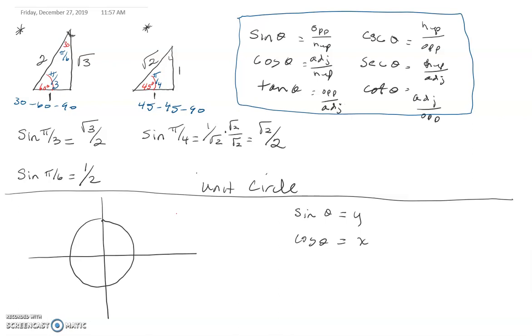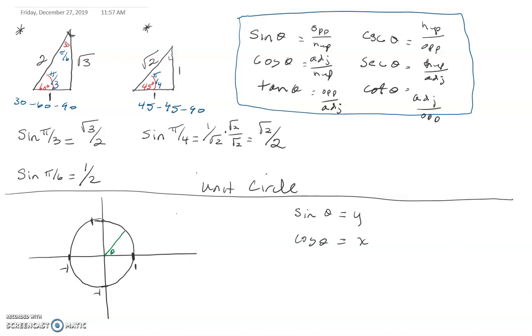On a unit circle, what's so special about it is the radius is always 1. So no matter where I draw my radius along my unit circle, let's draw a 45-degree angle, because that's the easiest one to draw, because we know it's directly in the middle.